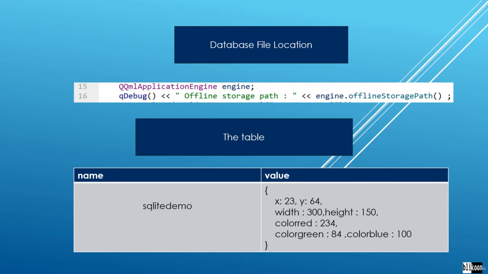Okay, here we see the table that we're going to design for our demo. We want to save location data and color data, the same thing we did with settings, but we are saving that as a JSON object in a table that we're going to define. The table is going to have two fields, the name of the setting that we want to save and the value of that setting.